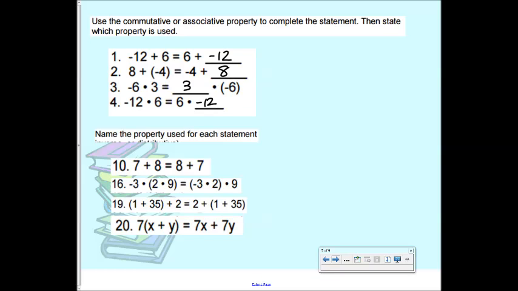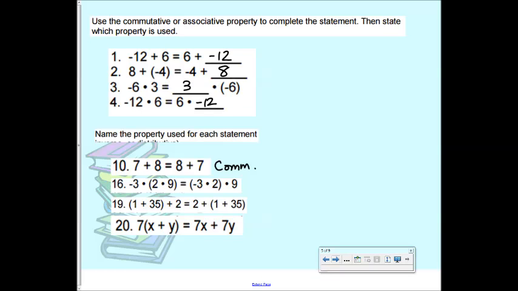Let's take a look at 10, 16, 19, and 20. Remember, commutative property changes the order. Associative property does not. Okay, so the order stays the same. So what property is this? Commutative property. So this is the commutative property. I'm going to abbreviate it COMM because 7 and 8 flip spots.